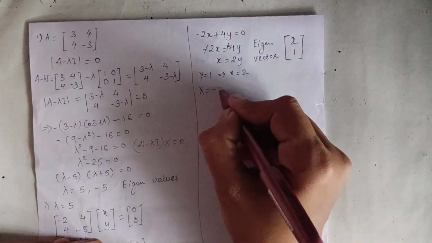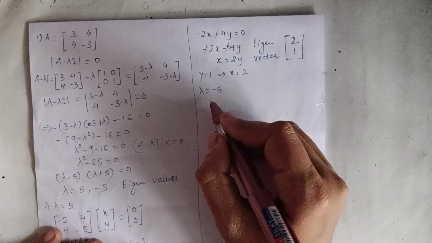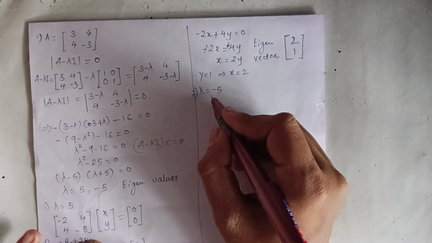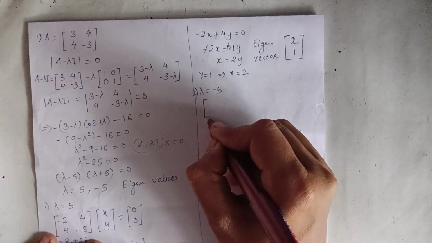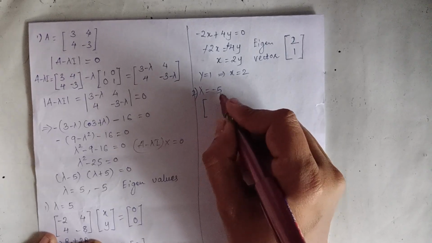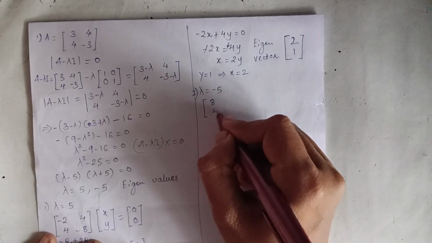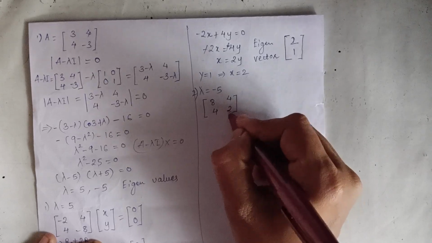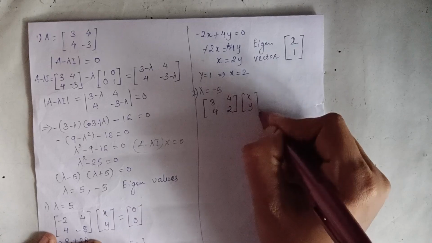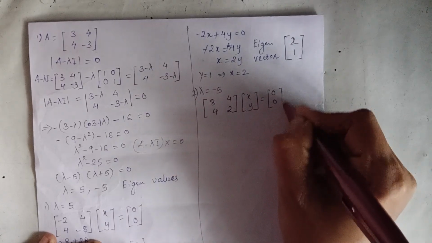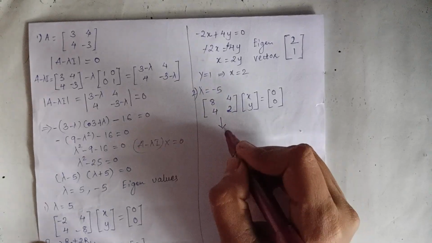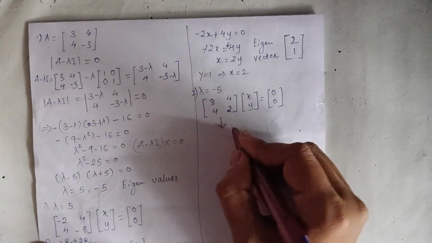Now you take lambda equal to minus 5. Okay, so putting this in A minus lambda I and multiplying it with this, we'll get 3 plus 5, 8. So reducing this, we'll get 4.